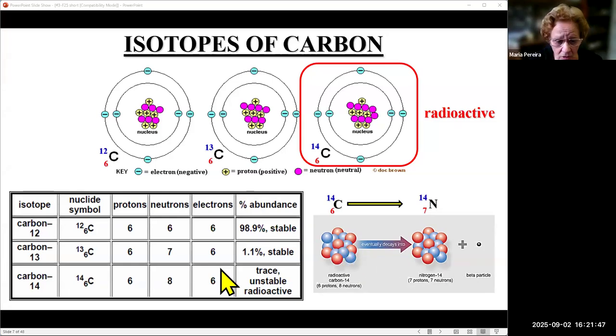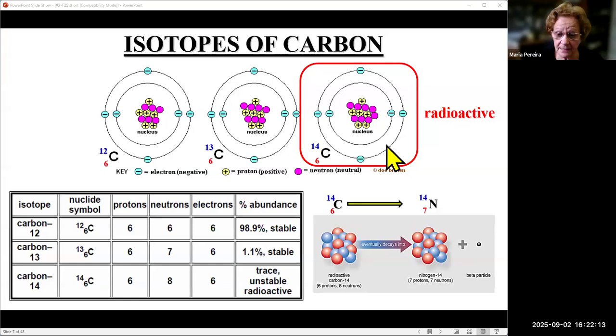because that neutron of this carbon 14 exploded, so 1 proton stays in the nucleus, and now the nucleus, instead of containing 6 protons, contains 7 protons, now it becomes nitrogen, because 7 protons is the ID of nitrogen.